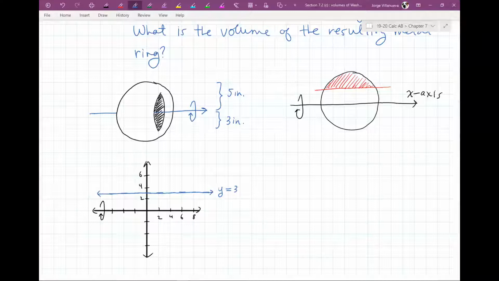It's going to go top, bottom, over and over again, and it's going to give me a hole that's 6 inches in diameter. So that's good, because that's what I need. And then I need a metal sphere. So I'm going to draw this, but I'm not sure if all the points are going to line up nicely. I'm just going to draw it for the purposes of having a picture.